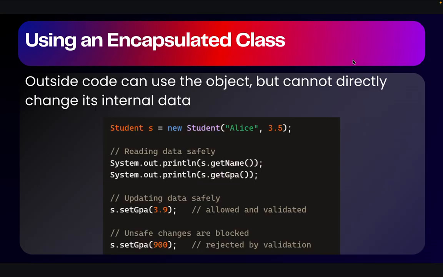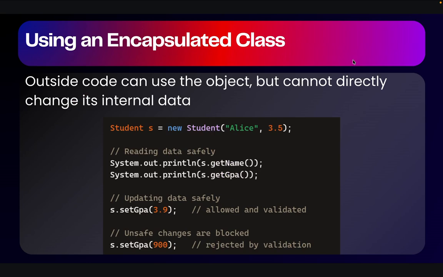So to give you an idea of how you can use the encapsulated class, you pretty much can have outside code that can use the object, but it can't actually change the internal data of it. An example of that is if we were to create another class and create an object within that class.